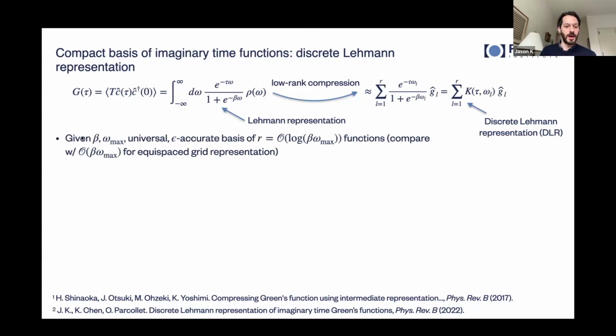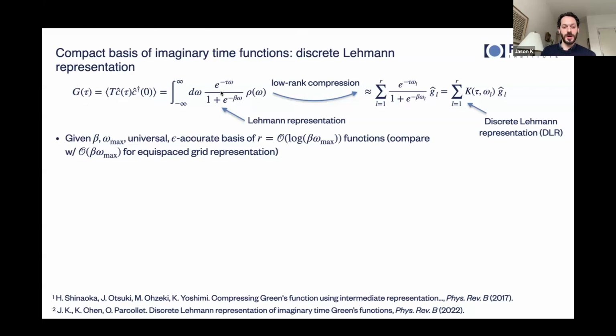Again, more specifically, given an inverse temperature and a frequency cutoff on our spectral function, there's a basis of the space of all G's which satisfy this cutoff, which we can make accurate to some user-specified epsilon, such that we have an expansion of this form for some coefficients GL.